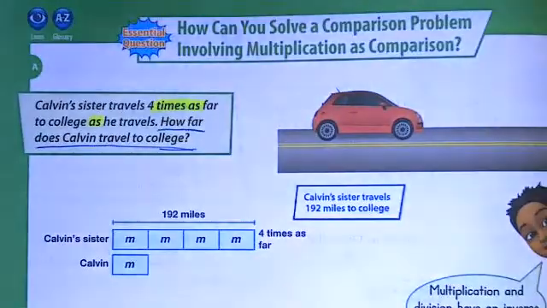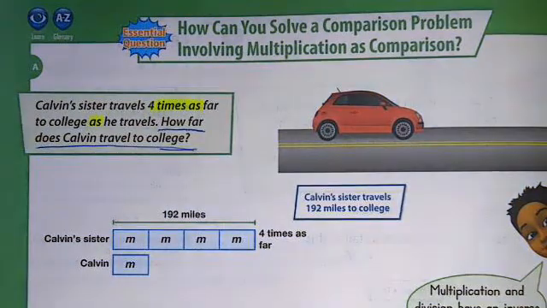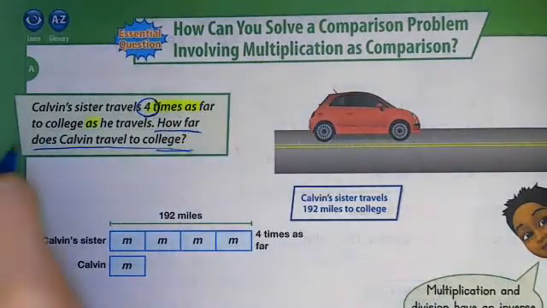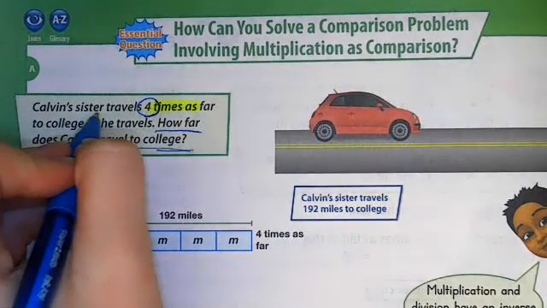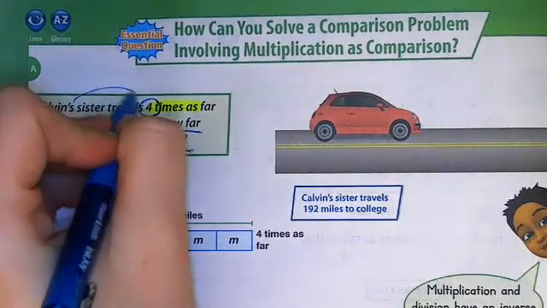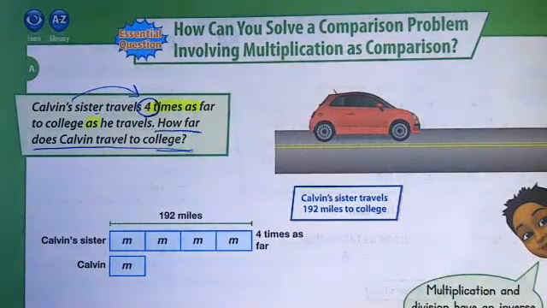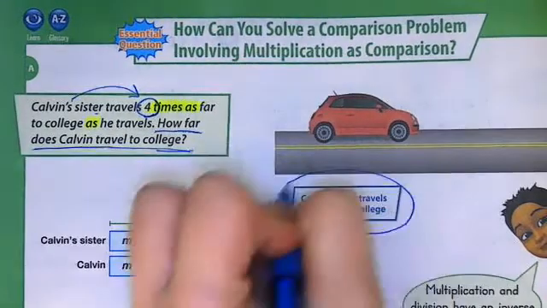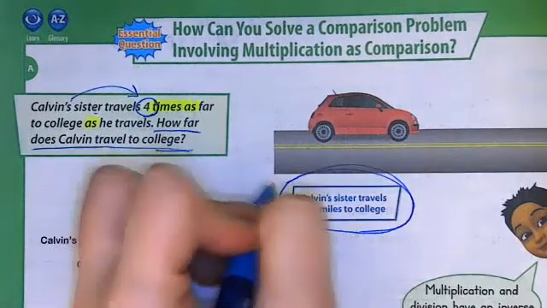And then we're going to be looking at our important numbers. So I see 4 right here, and then it says that's his sister. She travels 4 times as far to college as he does. So we don't know how much he travels in this story, except we do. We have this information here.